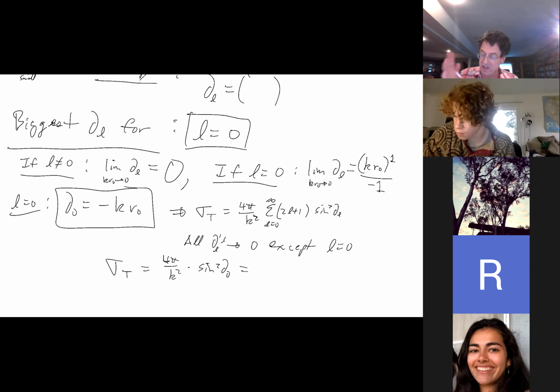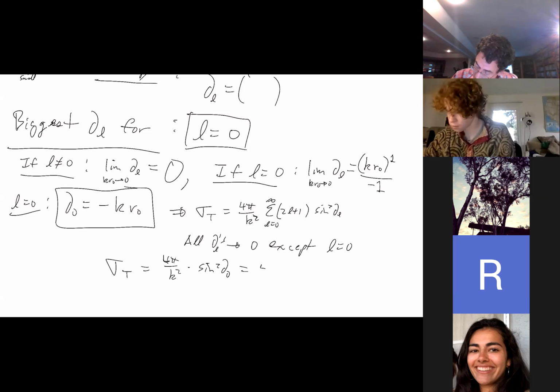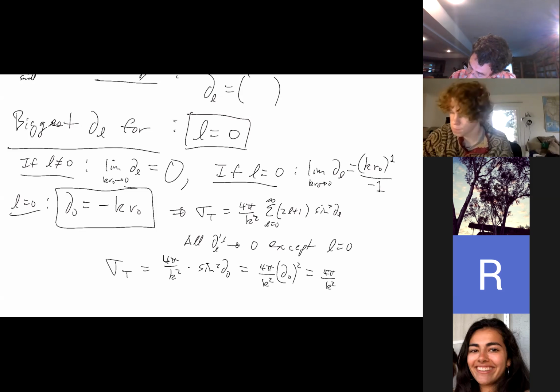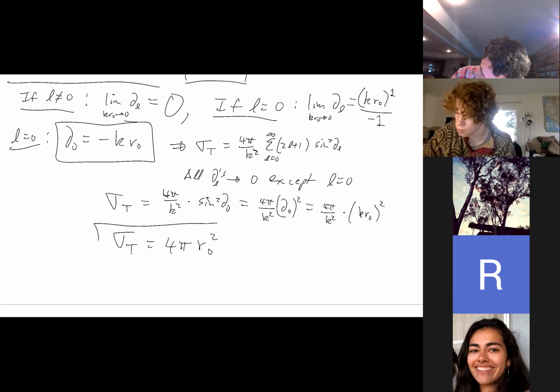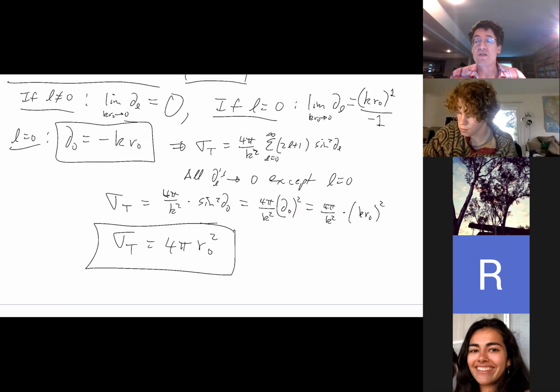And for small phase shift, that's the same as 4 pi over k squared times delta naught squared, which is going to be 4 pi over k squared times kr naught squared. And so the total cross section is going to be 4 pi r naught squared. All right, so that's it. That's the total cross section.